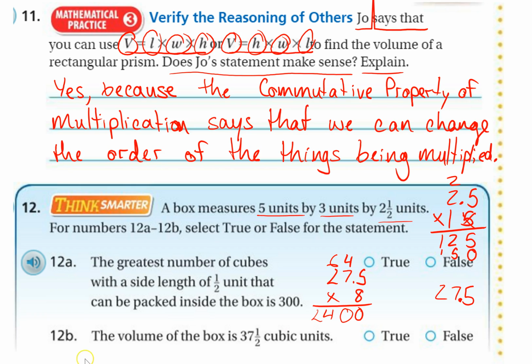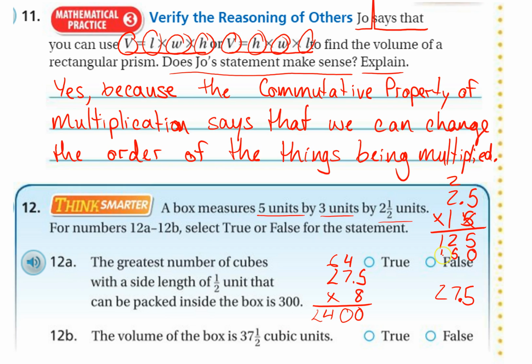Oh, and then, let me see. All right, let me come back to this. The volume of the box is 37. 5 by 3 by 2.5. What did I do wrong here? Oh, 25, 10, 12, 0 place.